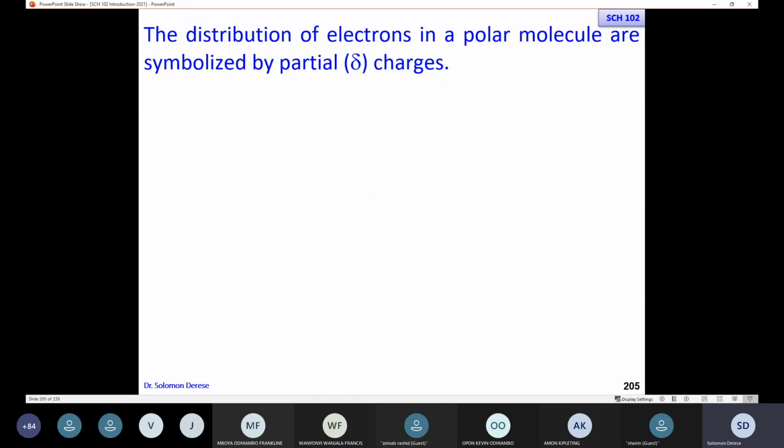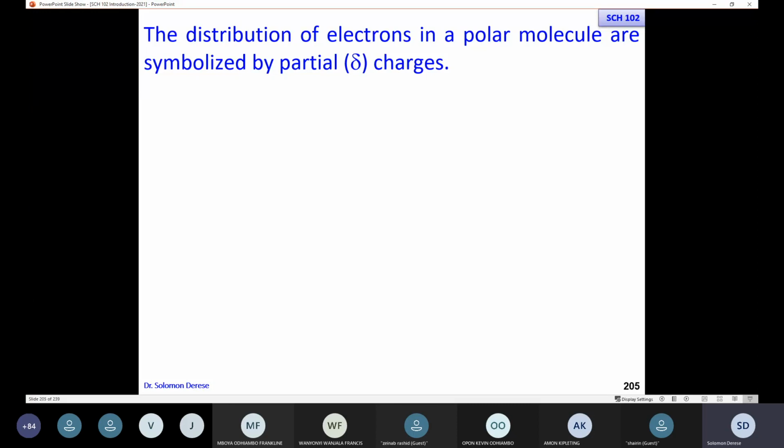On the other element, we'll have deficiency of electrons. The one that has got excess of electrons is somehow negative. The one that has deficiency of electrons is somehow positive. They are not fully positively charged or fully negatively charged. They are only partially positive or partially negative, because the bond between the two elements is still covalent.